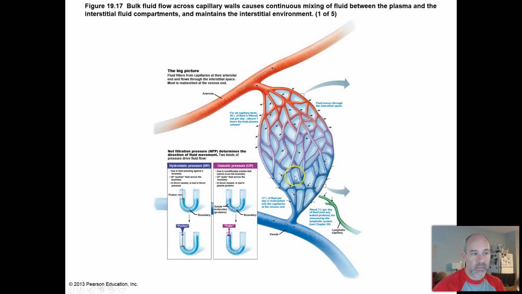And when you get down to this side, pretty close to the venule that's going to take the deoxygenated blood away, the osmotic pressure inside the blood, due to those proteins attracting water back out of the tissue fluids, forces substances back into the capillaries at this end. So at the arteriolar end, fluid out; at the venule end, fluid back in.